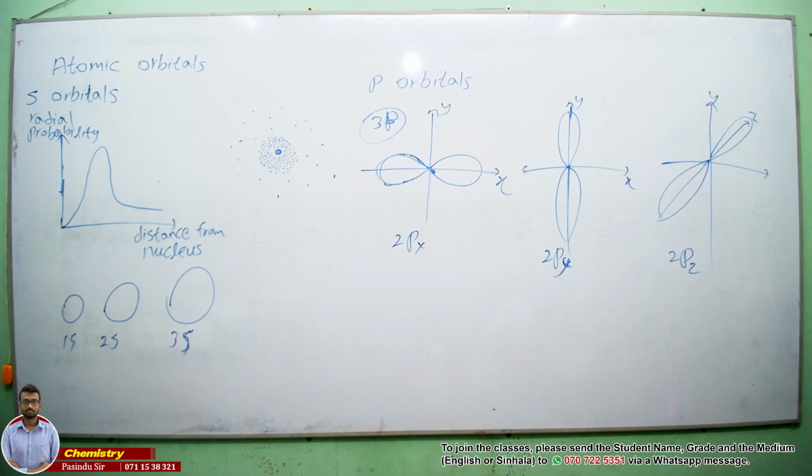There are 3 p orbitals considered, with n equals 2, l equals 1.